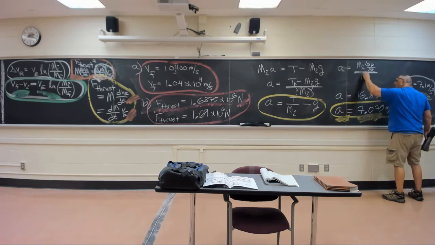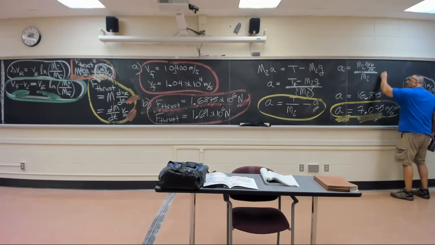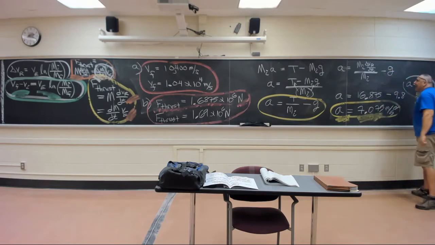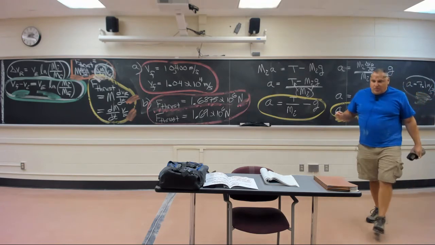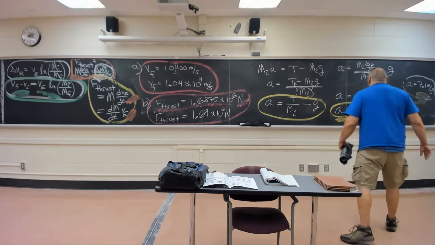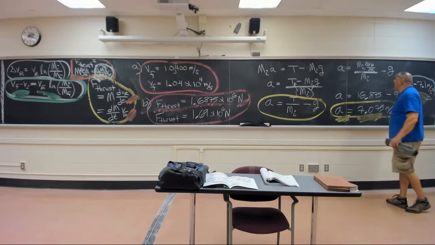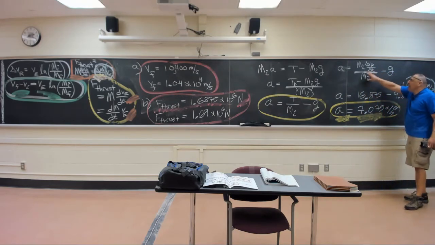over MI minus G. Yeah, that's true. There's a problem here. It's really, really hard. I mean, the way this is set up, at this instant, what is the change in velocity at that instant?